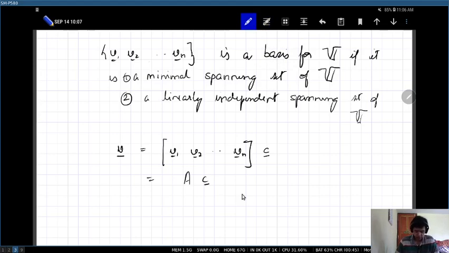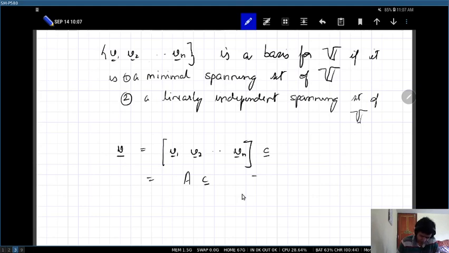Right, so we have V equal to A times C. For V1 through Vn to form a spanning set, there should exist at least one solution for C. So V equal to AC should have at least one solution, because otherwise, if there is no solution, then it means that you cannot get V by a linear combination of V1, V2 up to Vn, right?